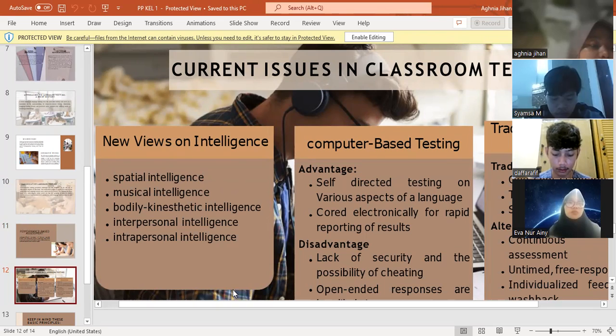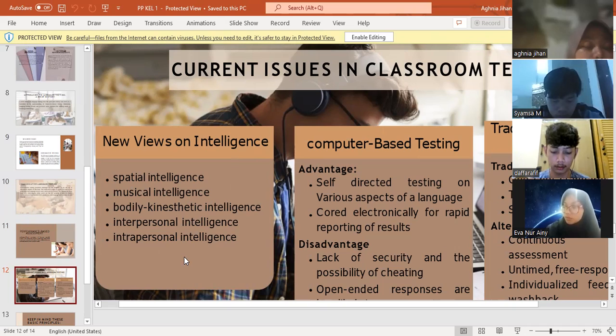He accepted the traditionally conceptualized linguistic intelligence and logical-mathematical intelligence, on which standardized IQ tests are based. But he included five more that are displayed in the PPT.